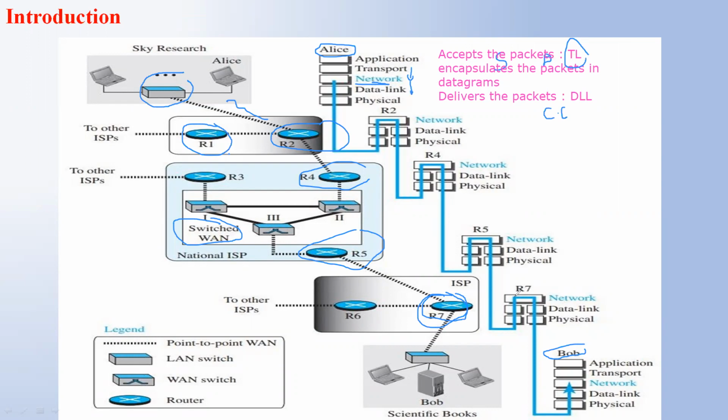Similarly, at the destination host, that is at the Bob side, the datagram is decapsulated. On decapsulating the datagram, it will extract the packet.